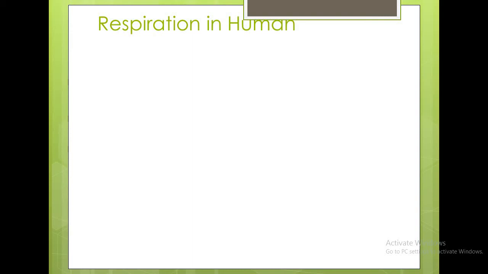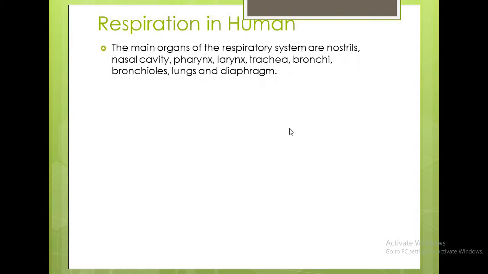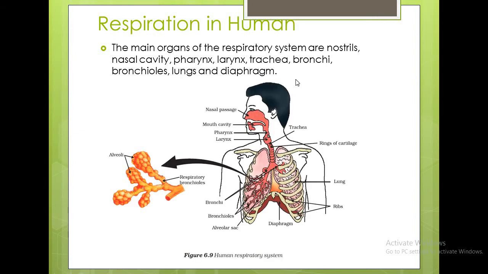Okay, let's learn how respiration takes place in humans. The main organs of the respiratory system in humans are, first, the nostrils, meaning the nose, right?